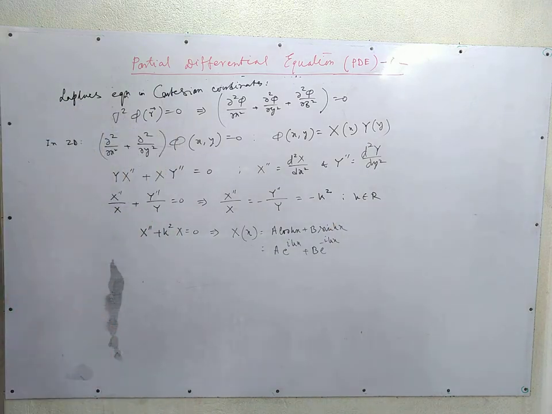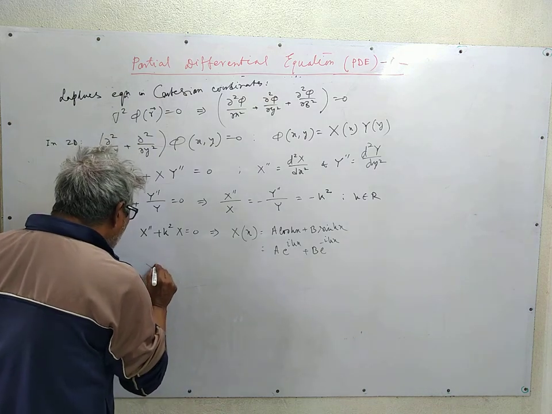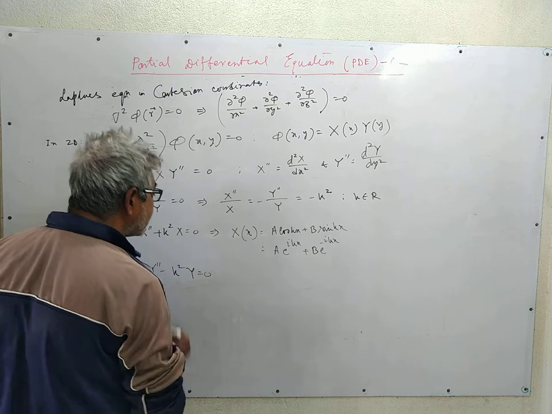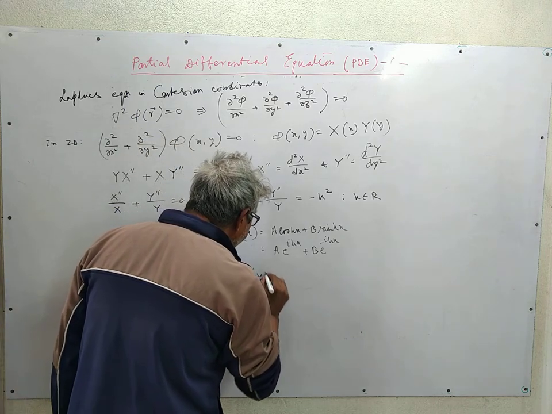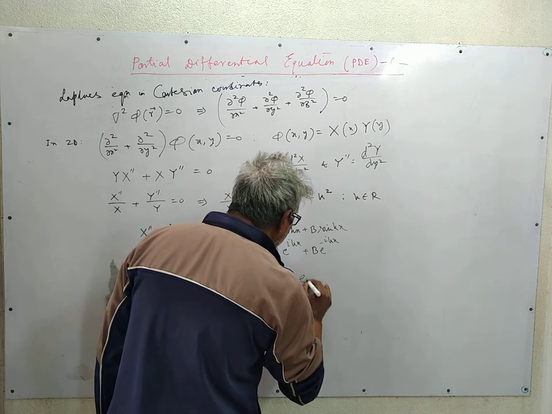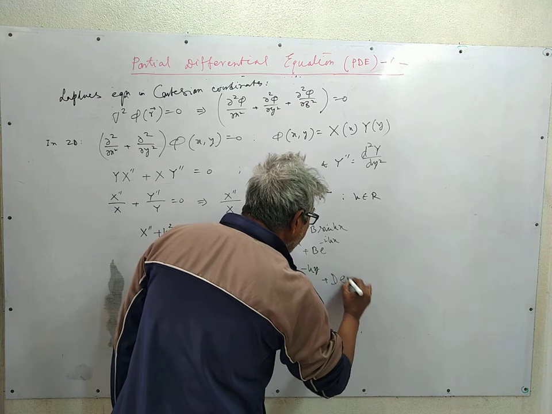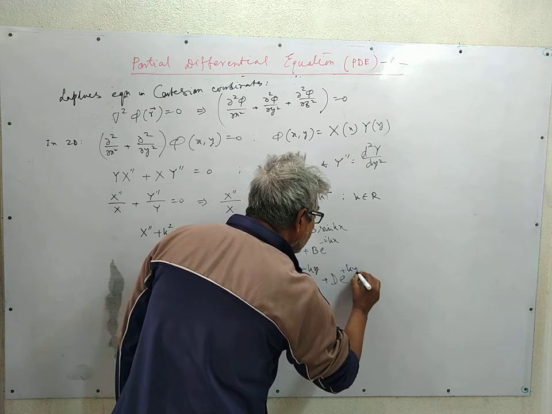If we choose the solution so that it has a periodicity in the x direction, then the Y equation becomes Y double prime minus k squared Y equal to 0, which has a solution Y of y equal to c e to the power minus ky plus d e to the power plus ky.